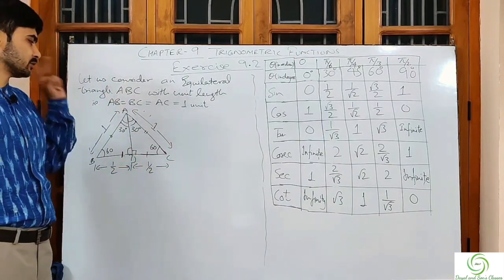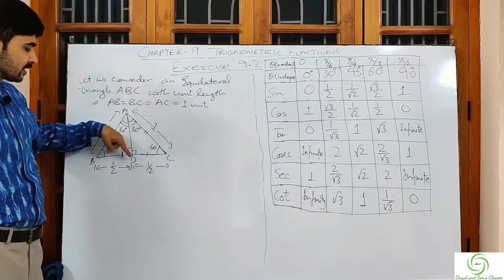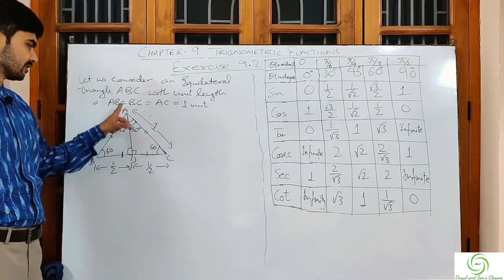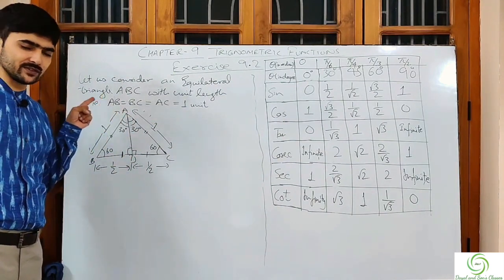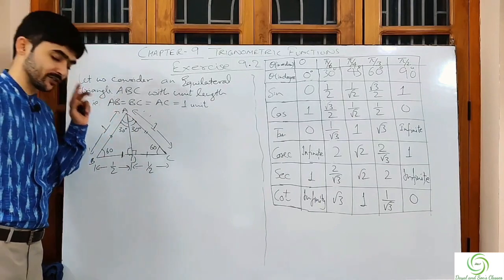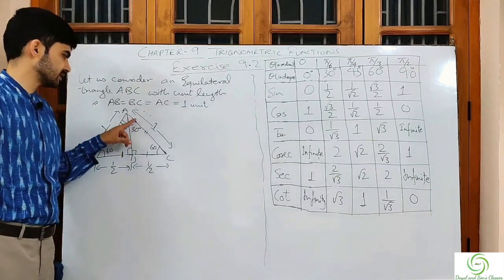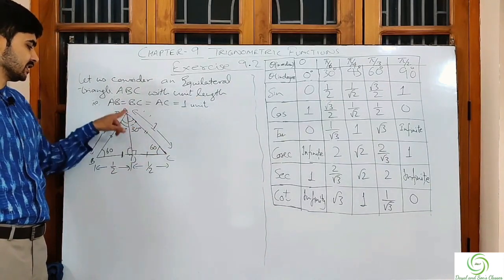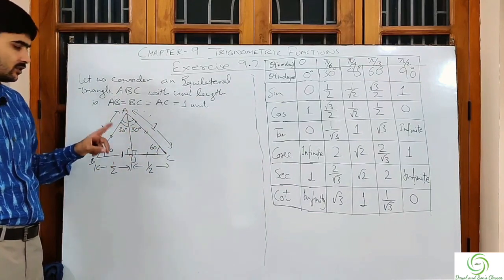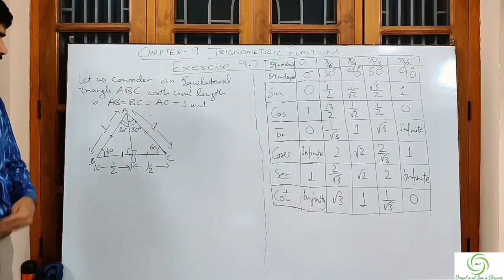Second thing, we know that in an equilateral triangle, the perpendicular bisector of the opposite side also bisects the angle at the vertex from which that perpendicular has been drawn. That means, since the total angle was 60 degrees, angle CAD will be 30 degrees, and angle BAD will also be 30 degrees.